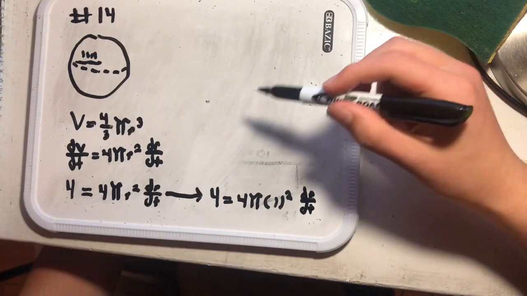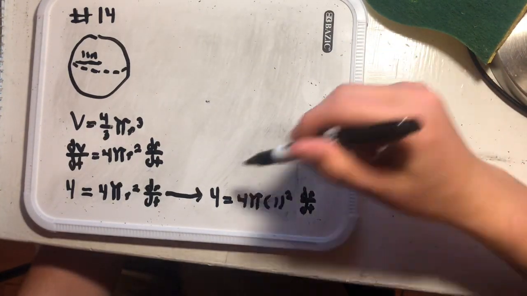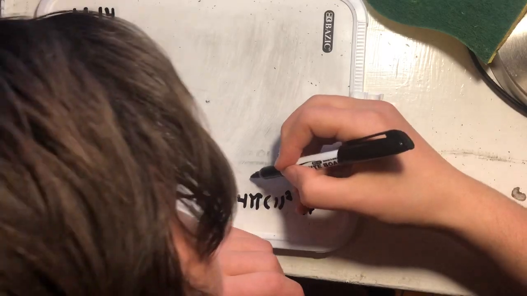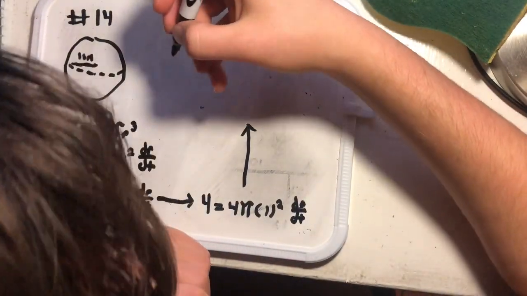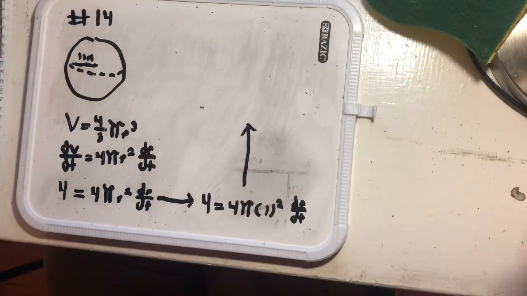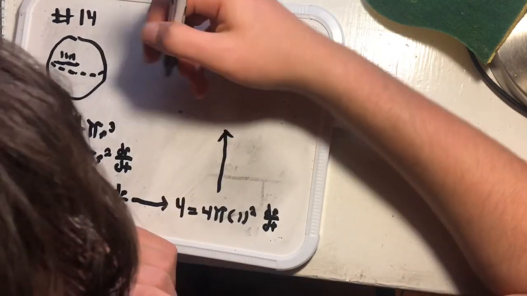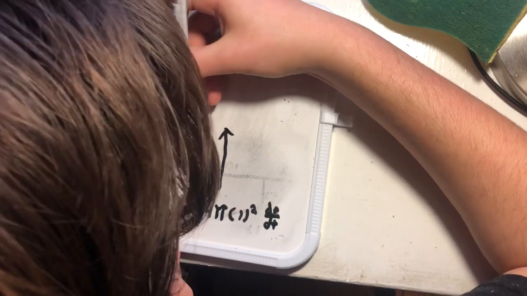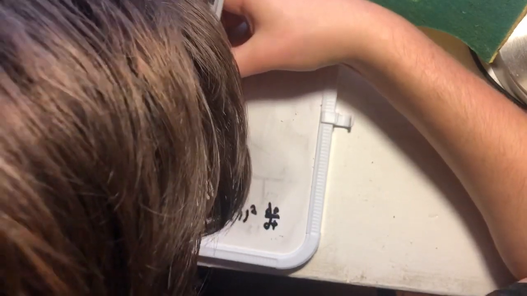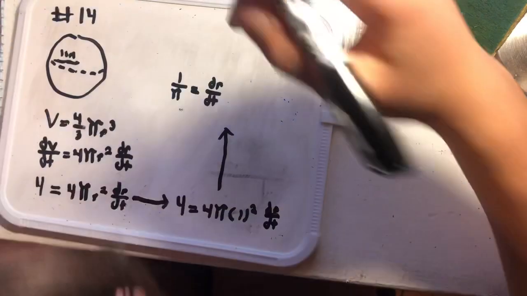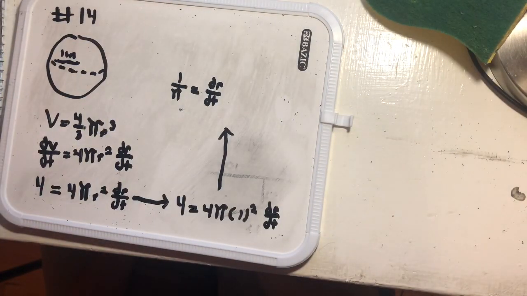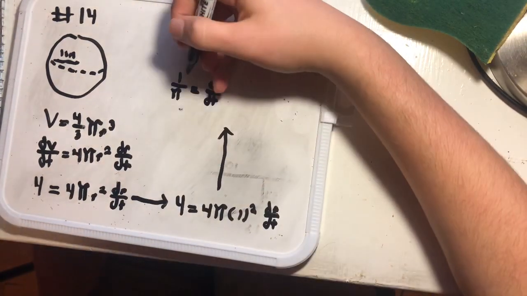So what I'm going to do is divide over the 4 pi onto the 4. And that's going to give us 1 over pi is equal to dr dt. Simple as that. That's our answer.